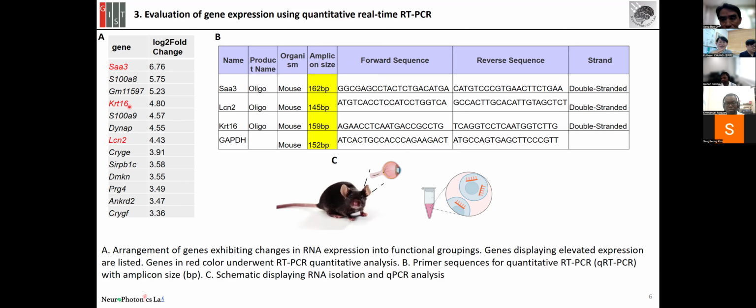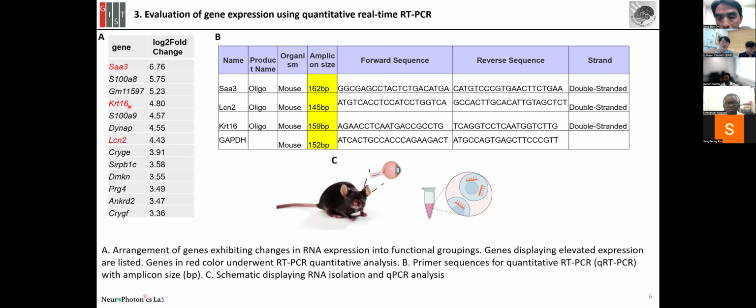In that regard, I want to ask Professor O, do you have any suggestion, maybe not at this point but for the future? Let's say, for example, LCN2, which is lipocalin-2, is relevant to inflammation and is overexpressed.